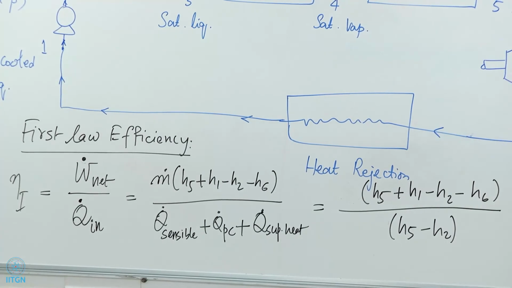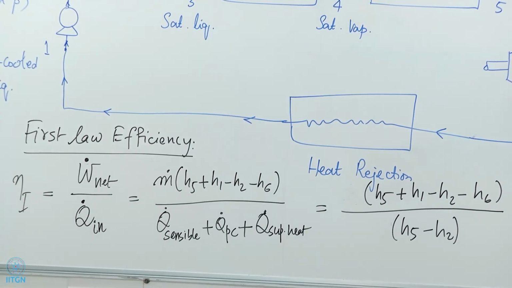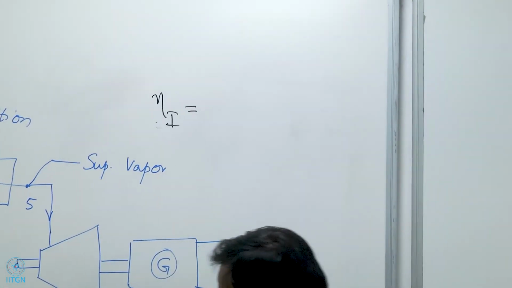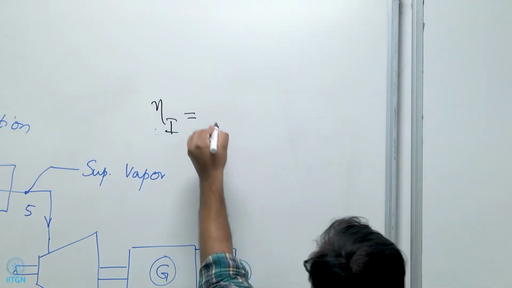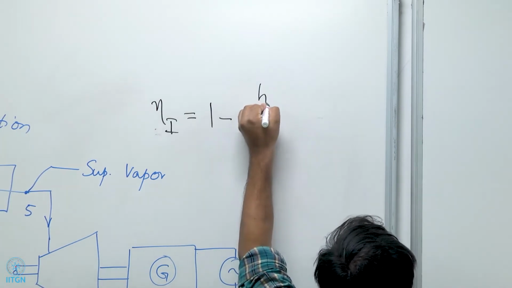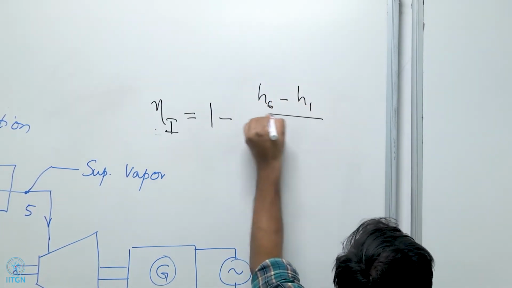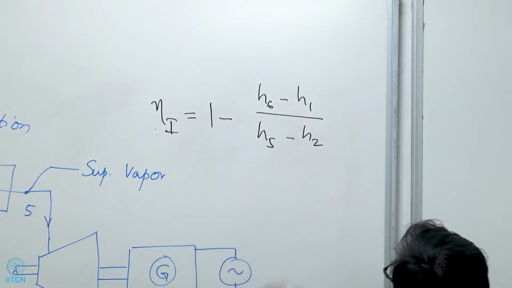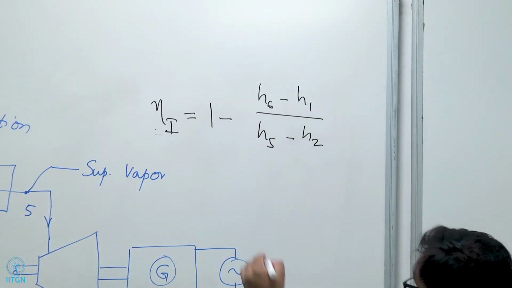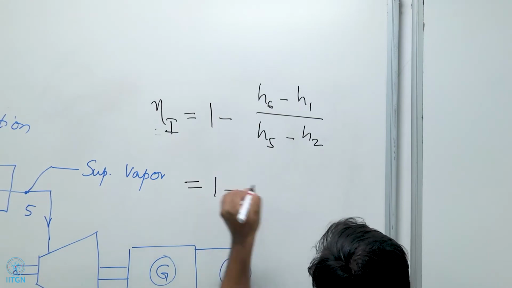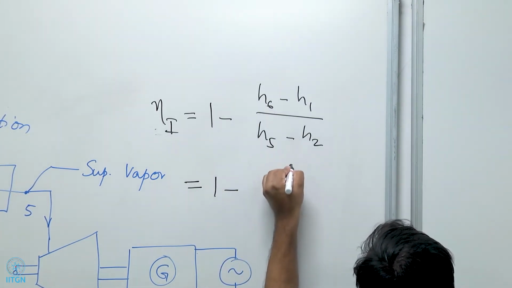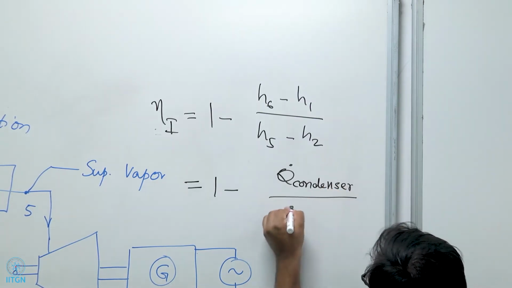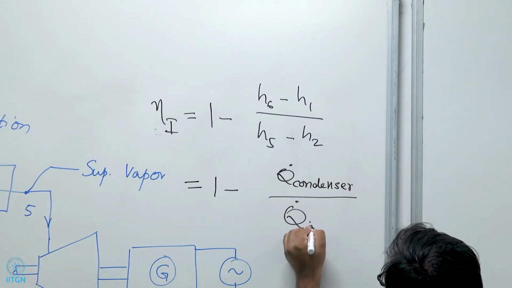You can also express the efficiency eta 1 by doing some simple algebraic manipulation. You should be able to show that this is nothing but 1 minus H6 minus H1 divided by H5 minus H2, okay, which again you should realize is nothing but 1 minus Q dot condenser divided by Q dot in.